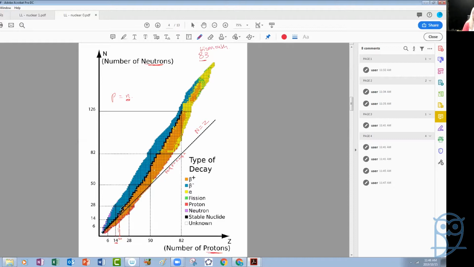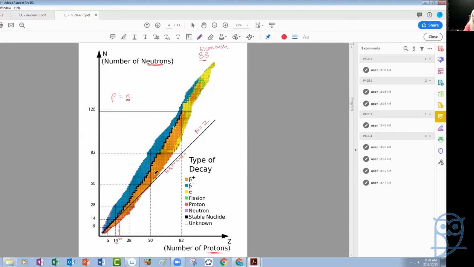But as we go from 20 up to 82, the number of neutrons has to exceed the number of protons to maintain some stability. And beyond that, there is no number of neutrons that can maintain stability in the nuclei, and they are all unstable. The large nuclei are all unstable. All right.